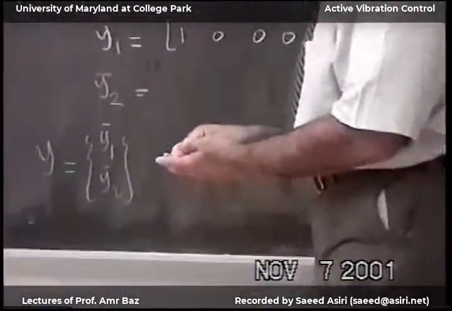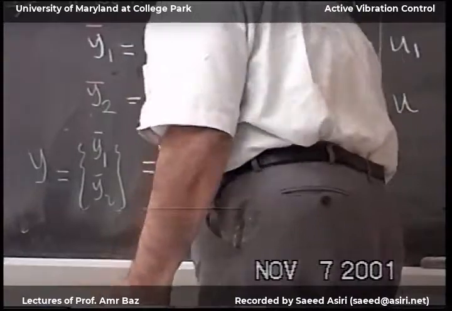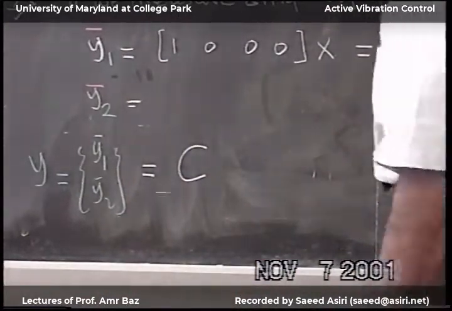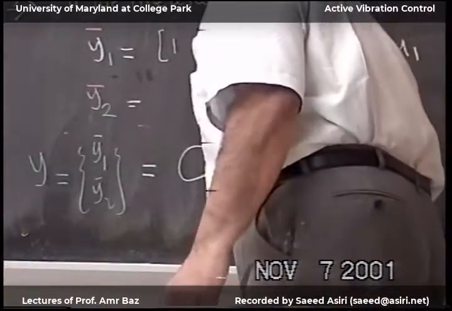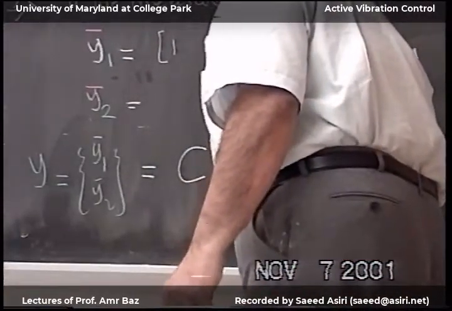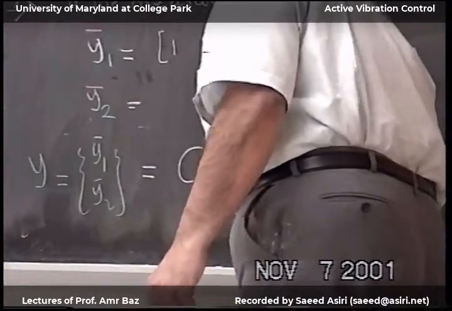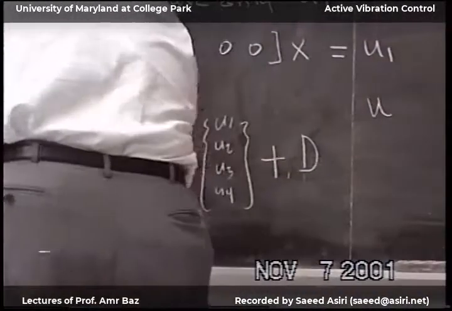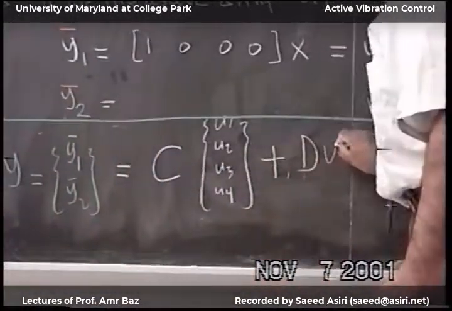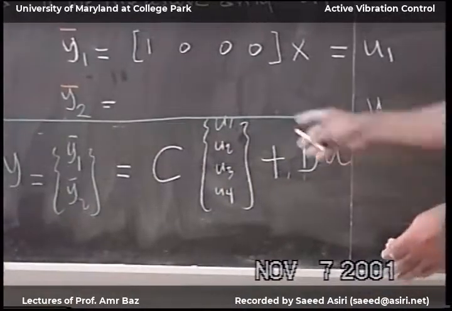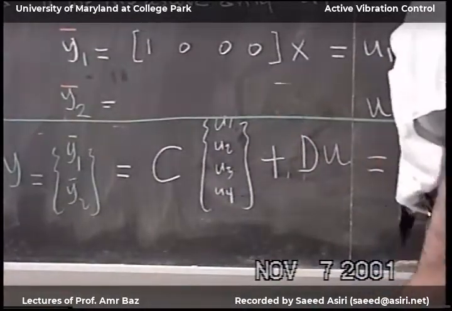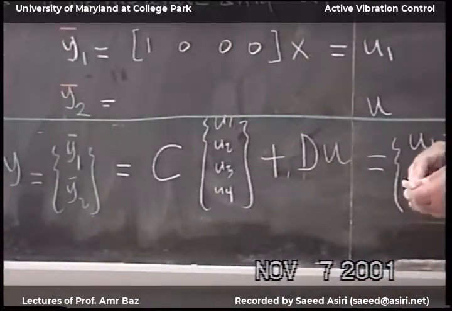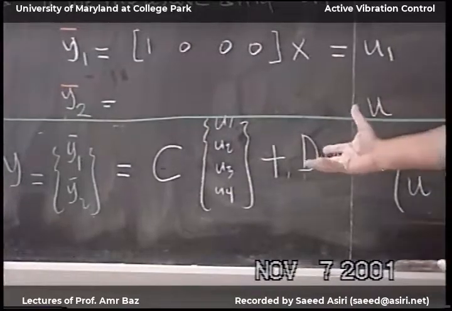I'm going to put it in this form: C and the X is the same, U1, U2, U3, and U4, plus a D times U. The result that I should get from here is U1 and U. So now, how would I do this?